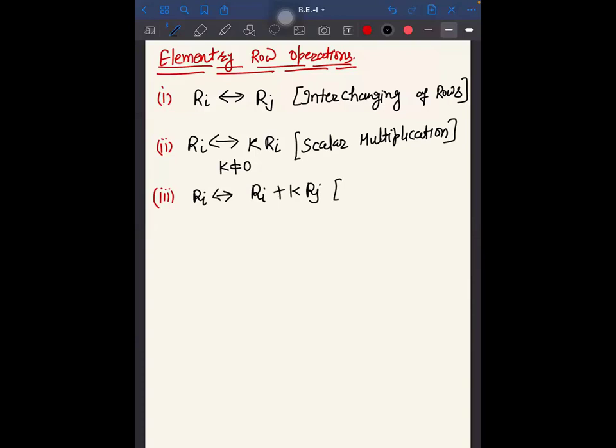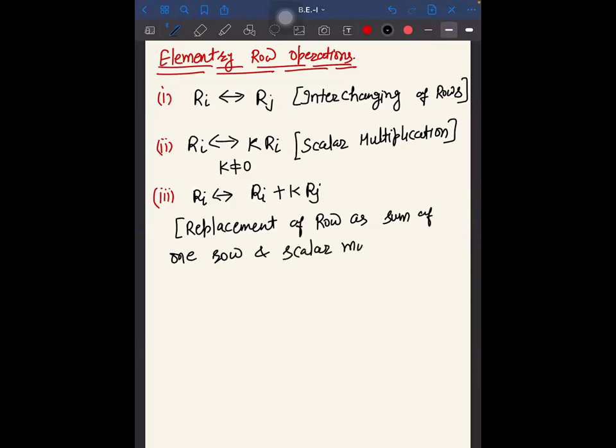So that means replacement of a row as the sum of one row and a scalar multiple of another. Yes, you're with me? Okay, so can you tell me why these three operations only, why not others, and why do these three operations matter?